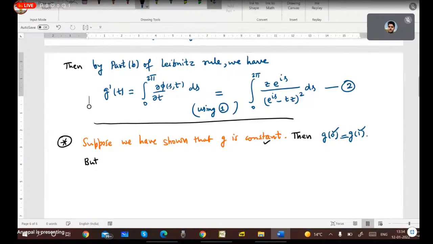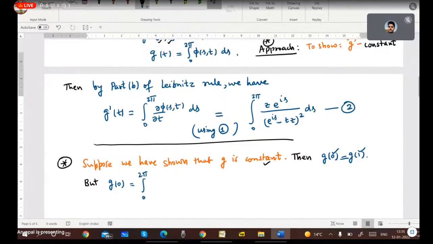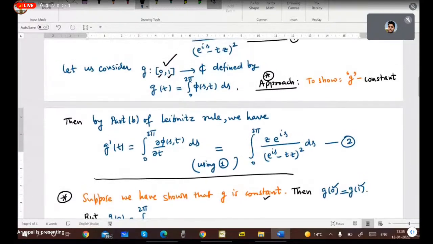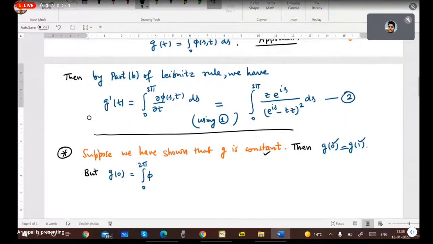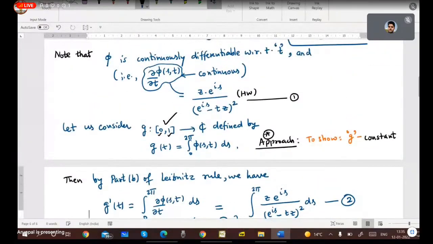But please have a look. What's the value of g at 0? The value of g at 0 is the integral from 0 to 2 pi of phi (s, 0) ds. And what is the value of phi at s comma 0, class?